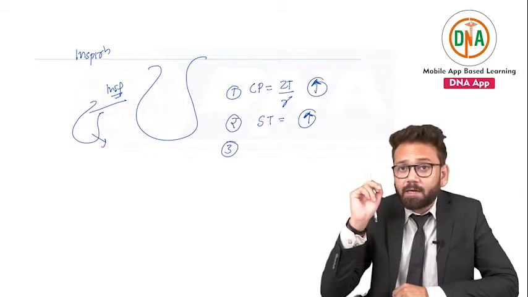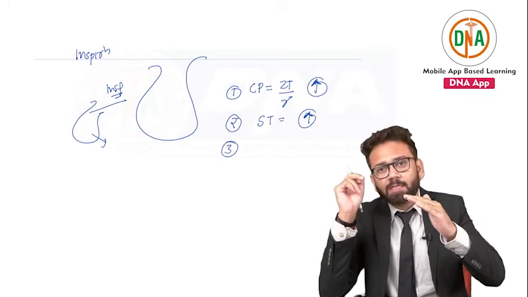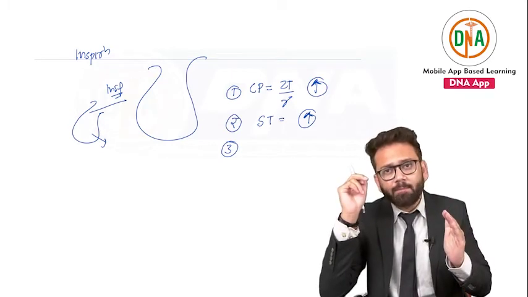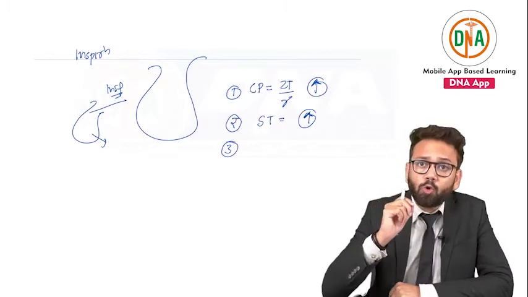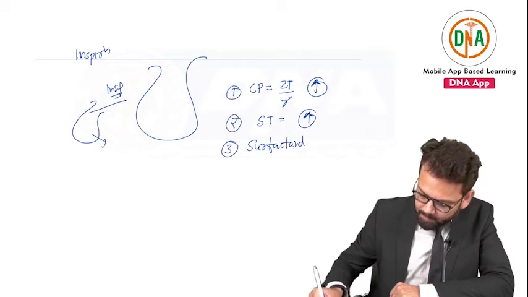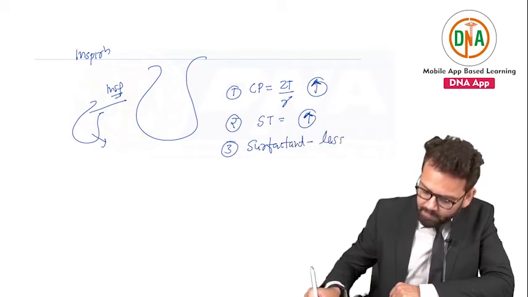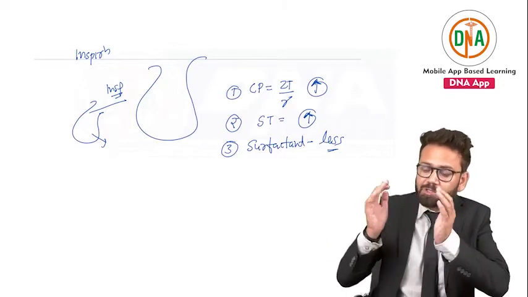So, what about surfactant? It takes some time to come outside. When we inspire, it takes some time to come out. So, during inspiration, surfactant is low. Because surfactant is less, surface tension is more.